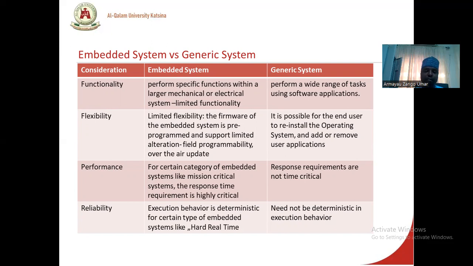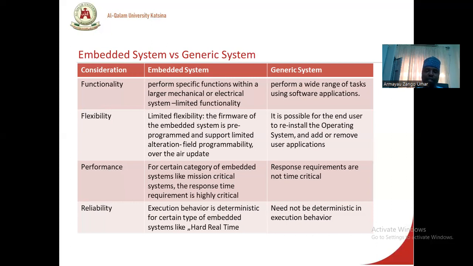And in terms of flexibility, embedded systems have limited flexibility in such a way that applications cannot be installed and uninstalled at will, as in a generic system, because they have firmware that controls the hardware devices, and that firmware is already pre-programmed. The only flexibility they can support is what is called field programmability or over the air update.